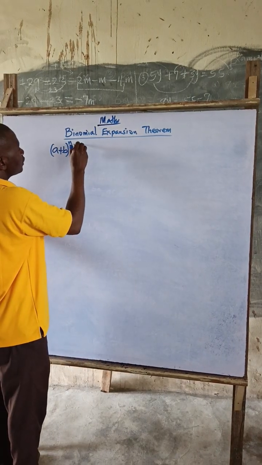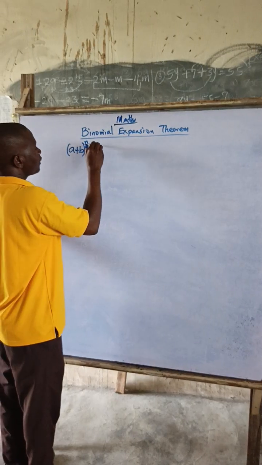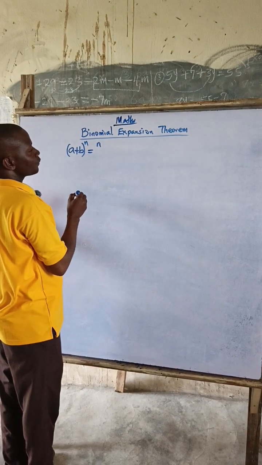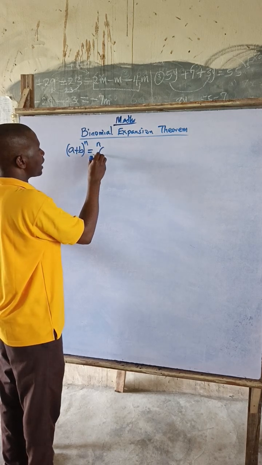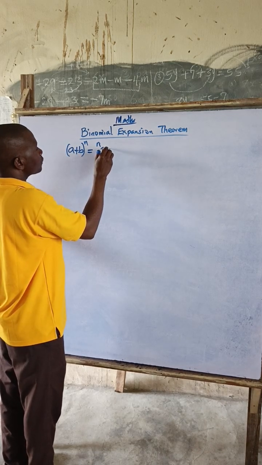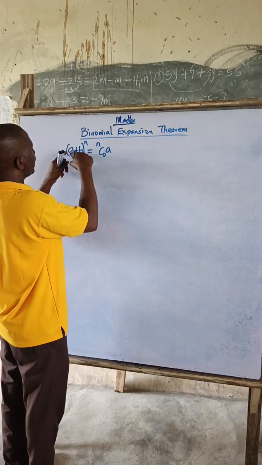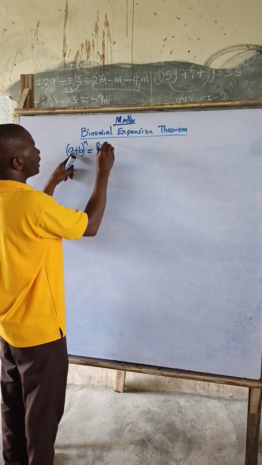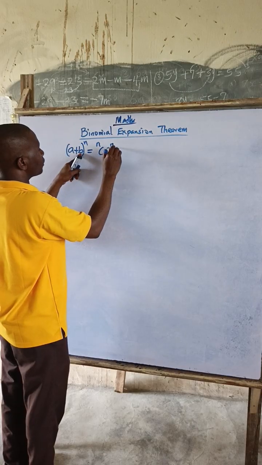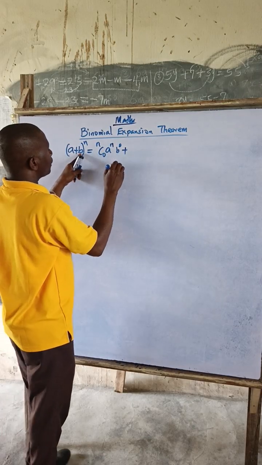So the coefficients of each term, we are using combination to determine the coefficient of each term, that is nC0. Then a will take the first term here, a will take power of n, then b will take power of 0, b raised to power 0.